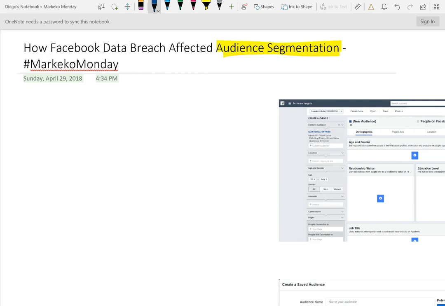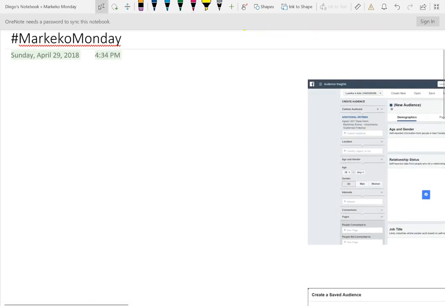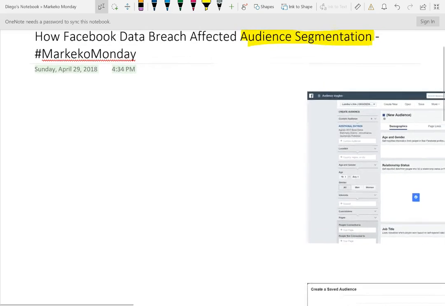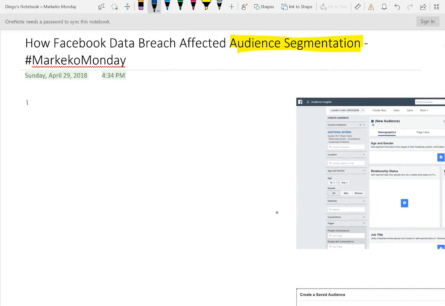Today we're going to be talking about 5 things of how this data breach affected you as a business owner or a marketer. One, audience insights, where there are a couple of things you can't do anymore. Two, custom analysis of audiences.